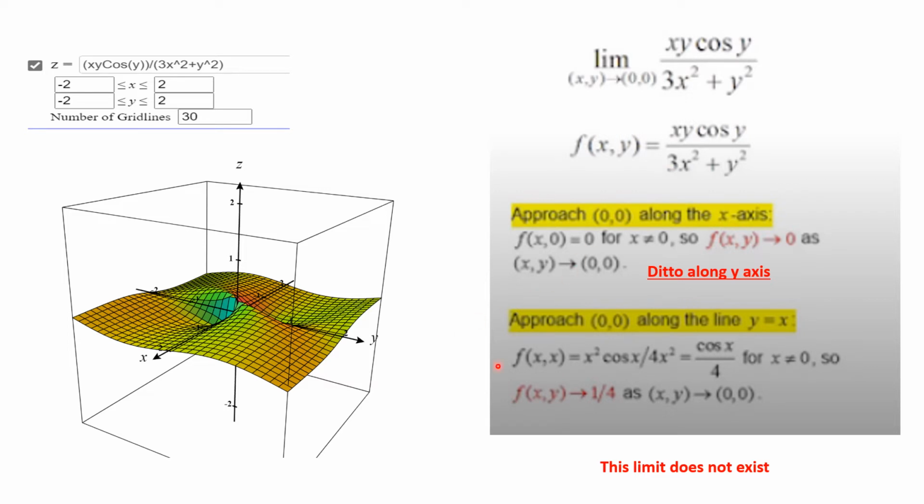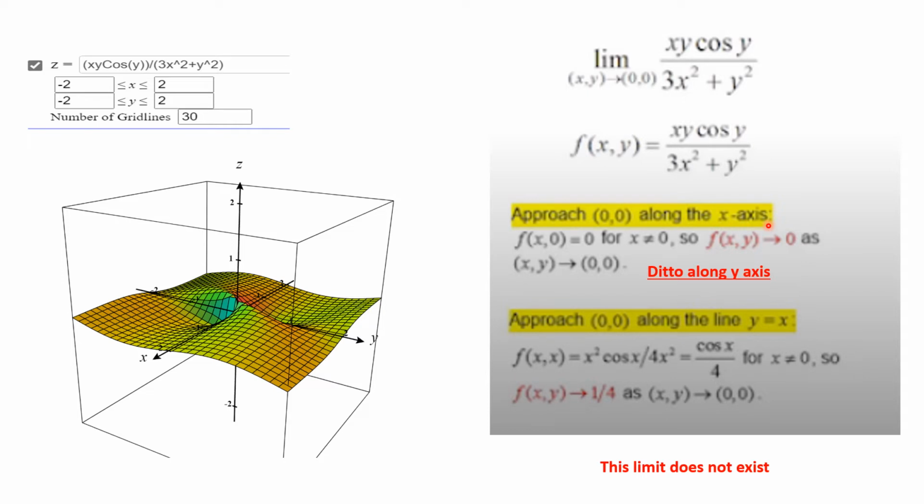So we're going to approach it the same way. Now, if I look at the picture, I can see that it's difficult to tell what's happening with the picture, except there's some major twisting going on. So we'll have to get a handle on that. But we're going to approach in different directions. So we're going to approach 0, 0, which is the limit point that we're approaching along the x-axis.